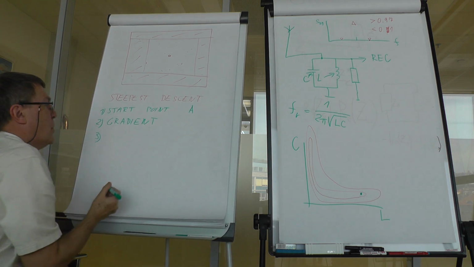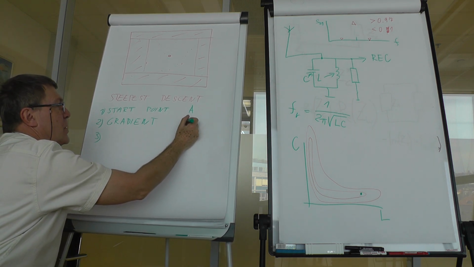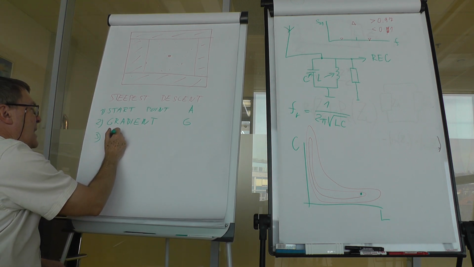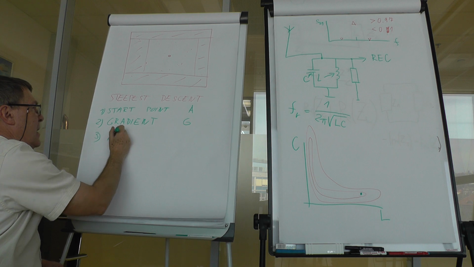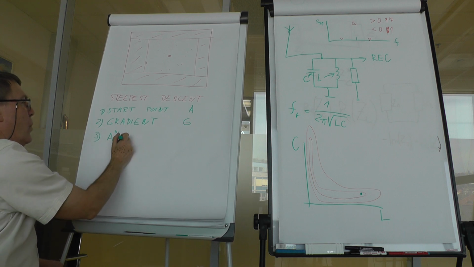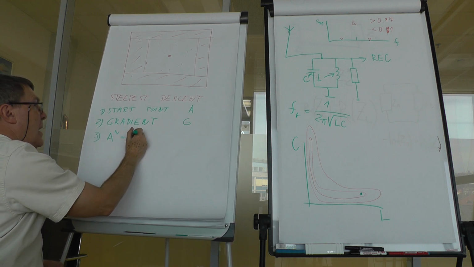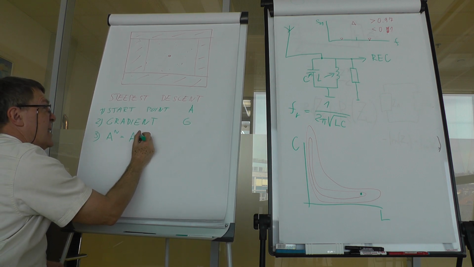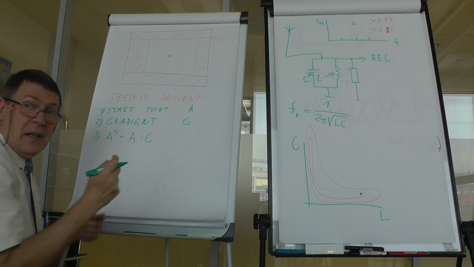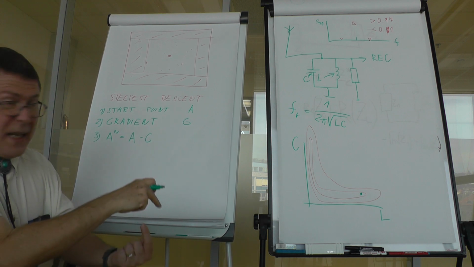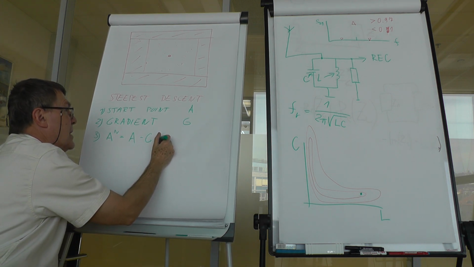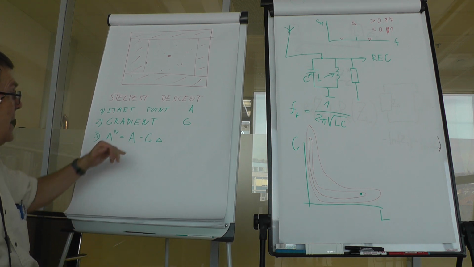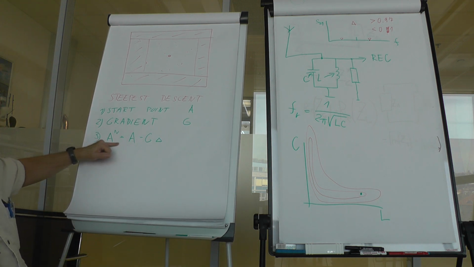If the starting point was A and the gradient was G, so we will get a new step, A new, which would be the old minus gradient, we move against the gradient downhill, times some delta, some small step. And now there are two possibilities.